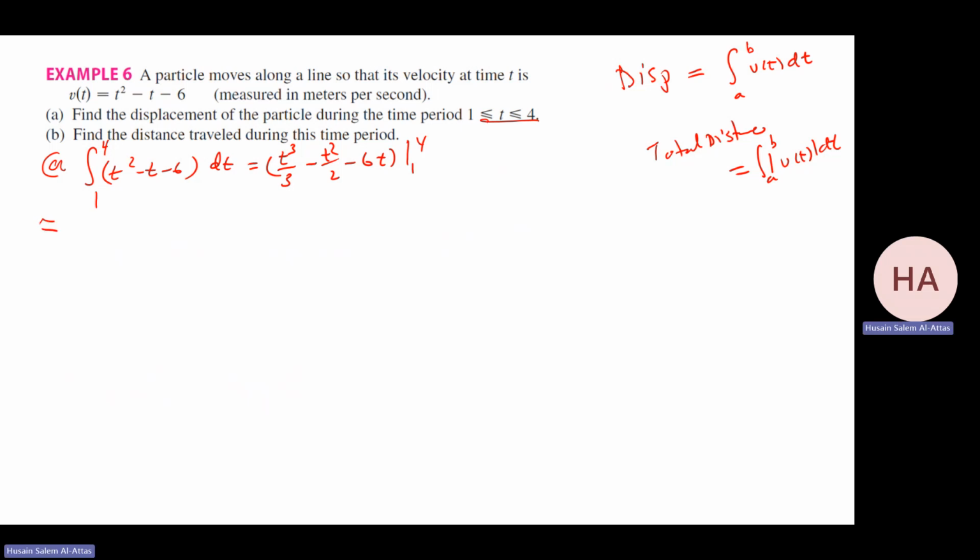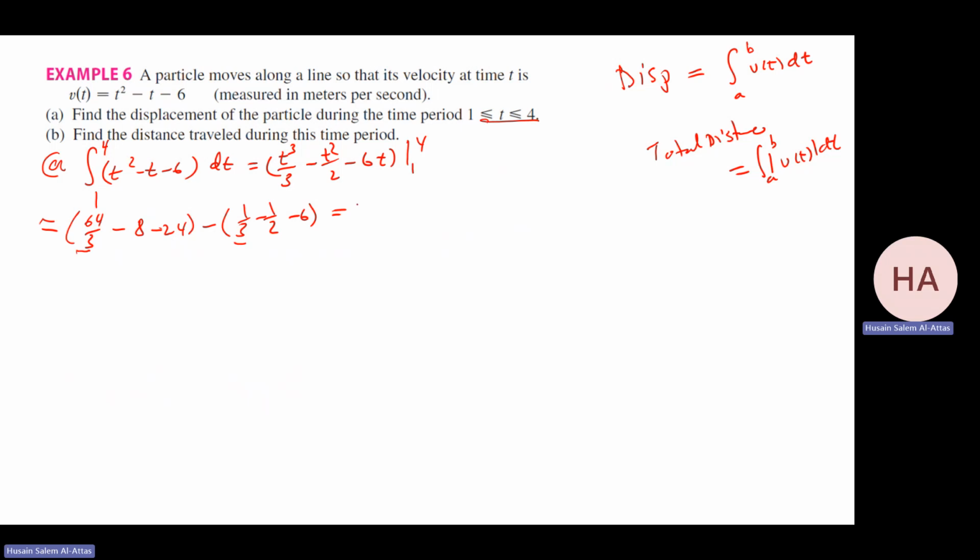T to the power 3 at 4, that will be 64 over 3, minus 8, minus 24, minus 1 over 3 minus half minus 6. That will be what? 64 over 3 minus 1 over 3.